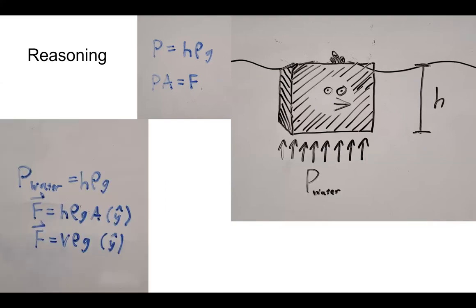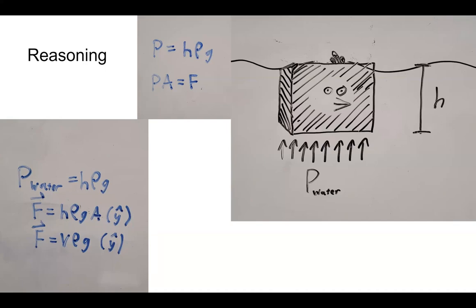Okay, so here we have a very cubical rubber ducky that's floating in some water, with the top of the cubical rubber ducky being just at the surface, where the pressure is the atmospheric pressure, which we can call zero. And then the bottom of the rubber ducky is H below the water, and it has the pressure of the water pushing up on it.